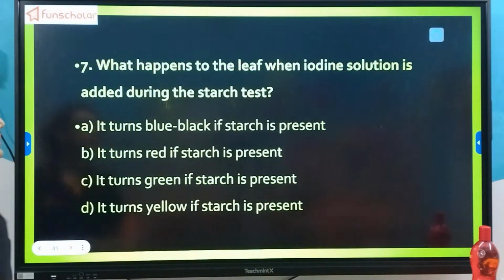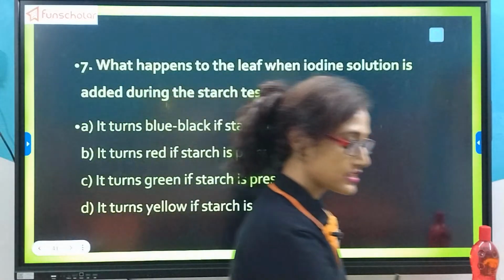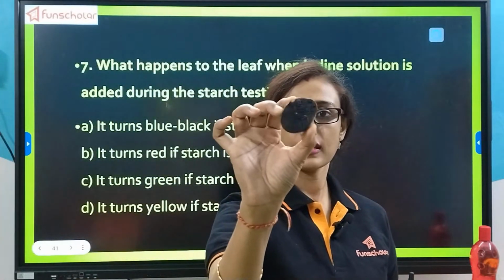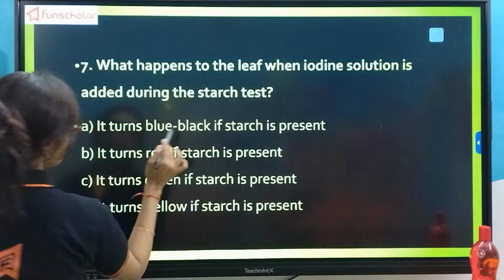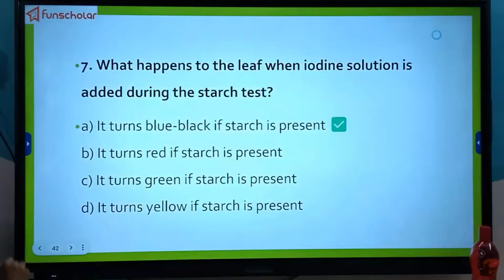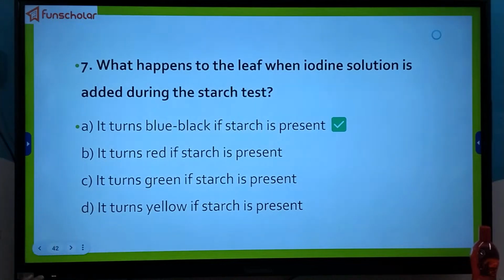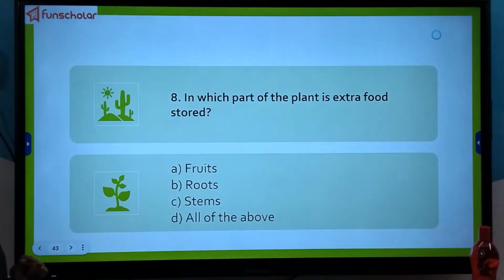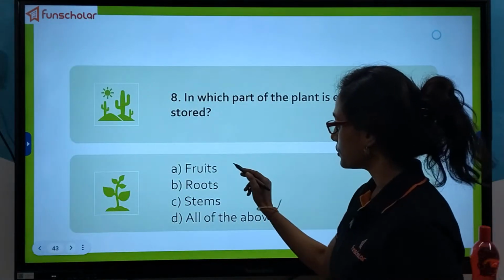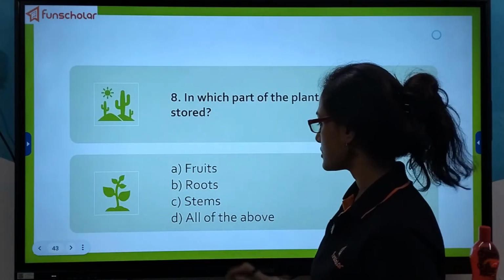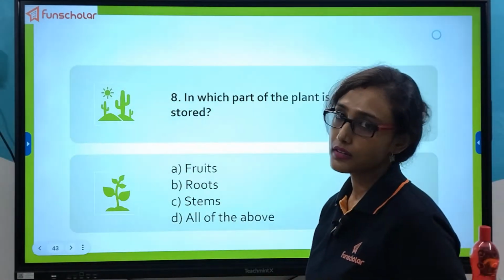What happens to the leaf when iodine solution is added during the starch test? See what happens. It turns blue-black if starch is present. Right. In which part of the plant is extra food stored? Fruits, shoots, stems, all of the above.